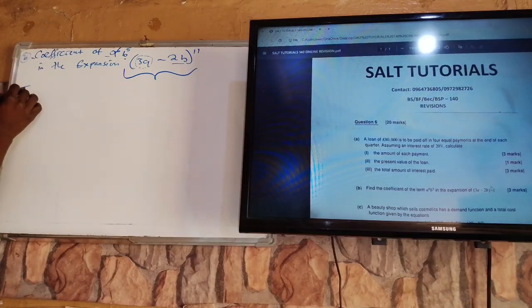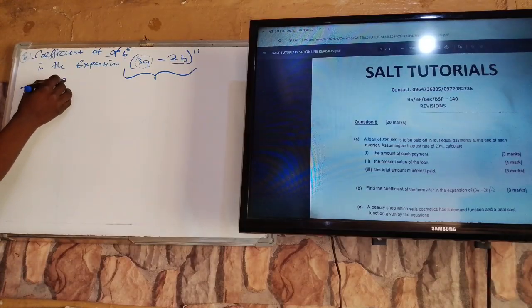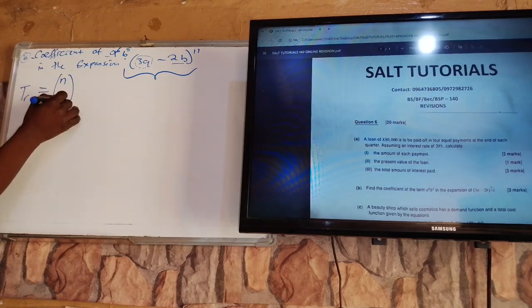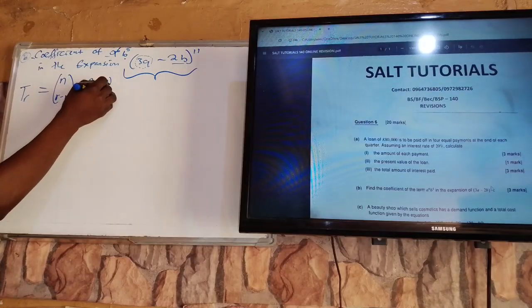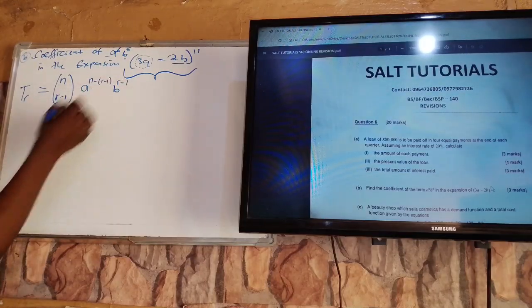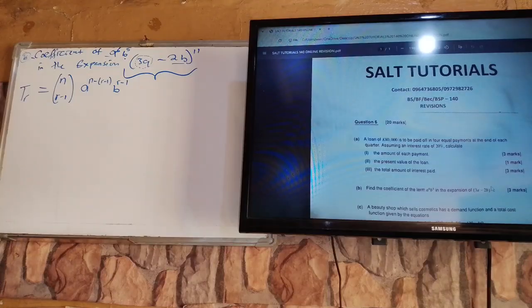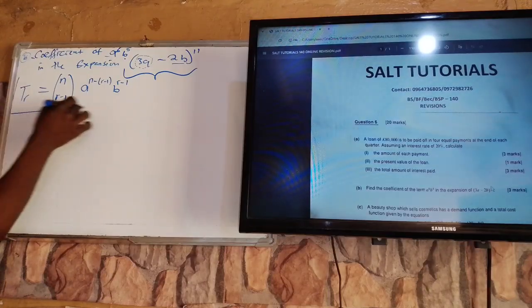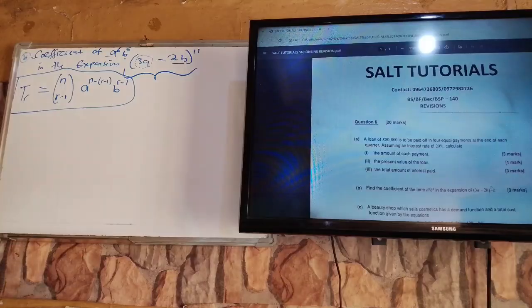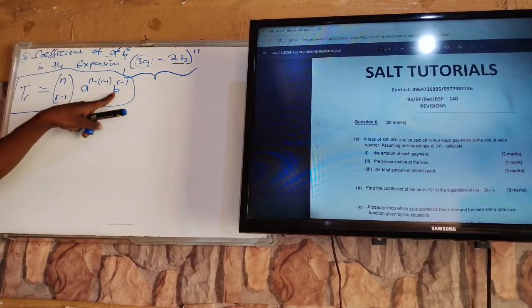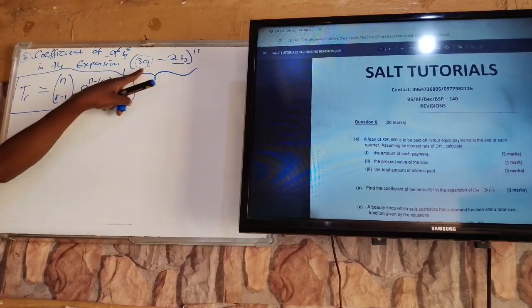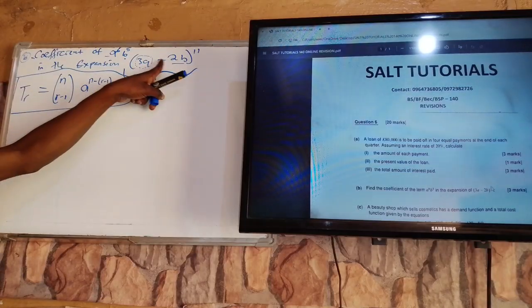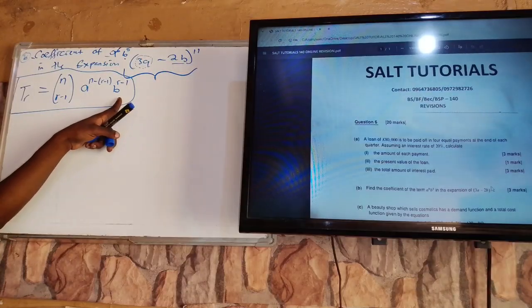Remember we said that T r is equal to nC(r minus 1) a power n minus (r minus 1) b power (r minus 1). So this is the rth term. A represents the first term and b the second term. So 3a is the first term, negative 2b is the second term.